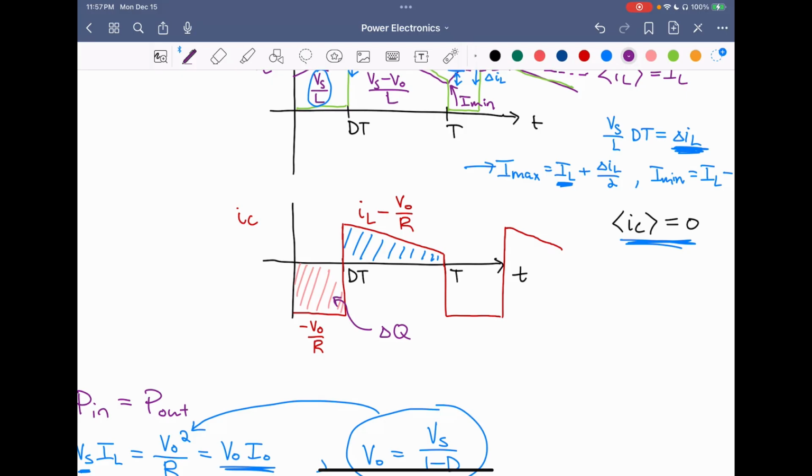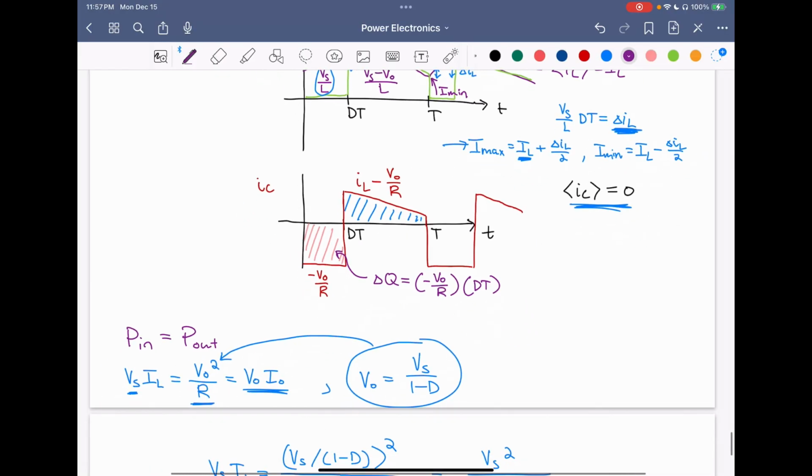We know the current is negative V naught over R. So the capacitor current times the time interval dt will give us the change in capacitor charge.